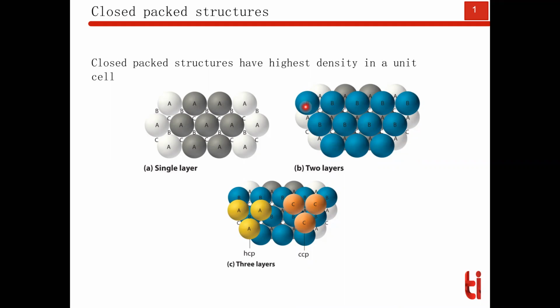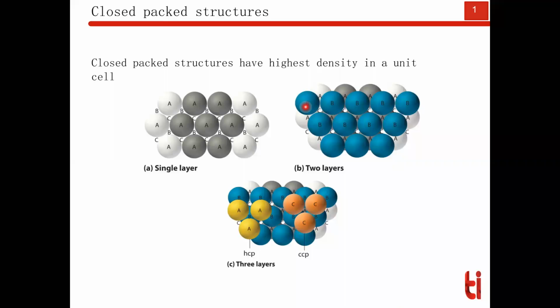So likewise, if I continue to keep putting different layers, then the valleys of one atomic layer are being occupied by the other. Like valleys made by A layer atoms are being occupied by the B layer of atoms.